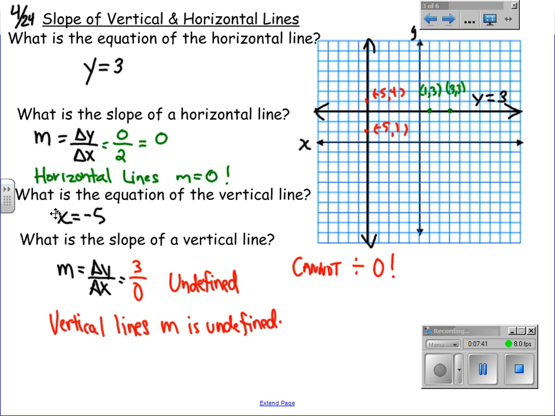It has a slope of 0. But it exists, that makes sense. I could not build a road that looked like this vertical line. It's just not possible. Nor could I put myself on it on a bike or car and drive on it. Doesn't work, doesn't make sense, is not possible. So that's how I remember, and I suggest you might want to remember: the horizontal line does have a slope, it's 0. Vertical line, undefined. Okay?